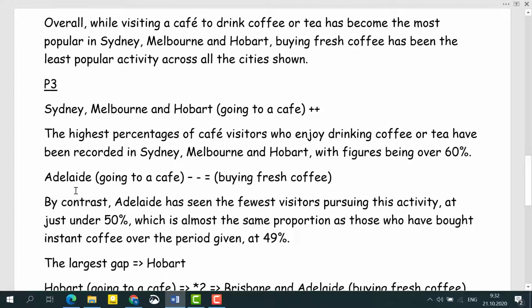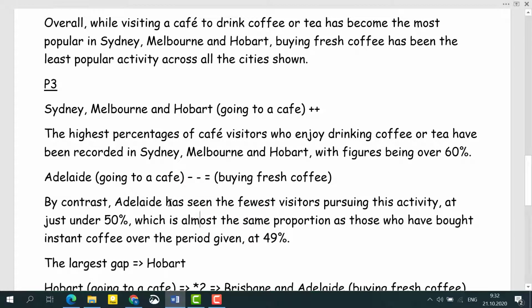Now, so here I'm talking about the largest percentages. Now I'm talking about the lowest percentage. And when you want to show the difference between the largest percentage and the lowest percentage, you need to use the keyword by contrast. You can also use the word in contrast. Okay, so by contrast, Adelaide has seen the fewest visitors.